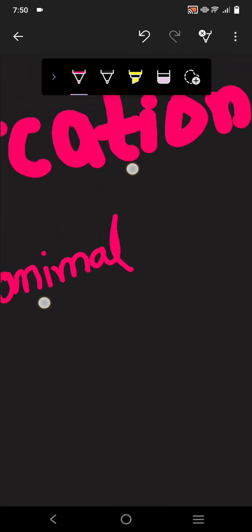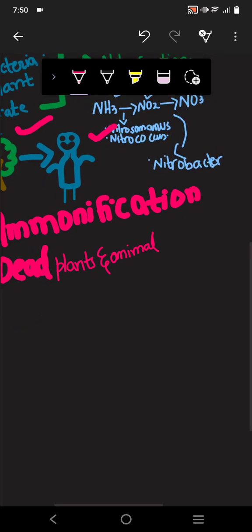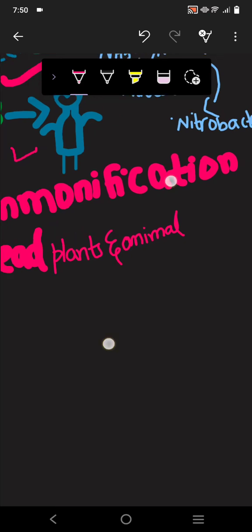They have nitrogen in their body. So that soil will soak all the nitrogen, and that nitrogen will again combine to form NH3, that is ammonia, then nitrite, NO2, then nitrate.